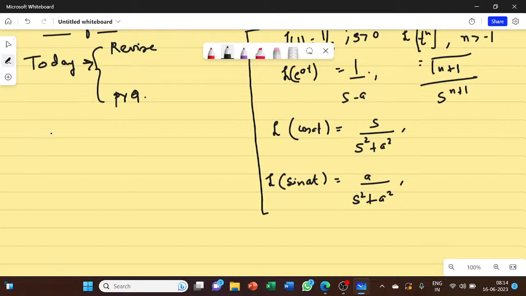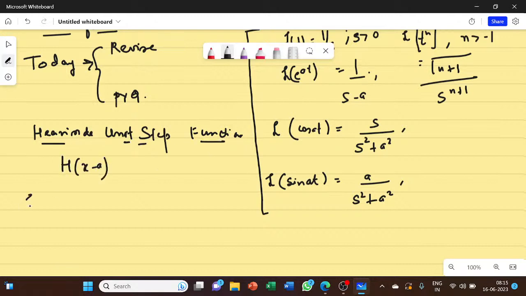If you have to find the Laplace transform of the Heaviside unit step function, for example h(x minus a), then the Laplace transform of h(x minus a) is simply e to the power of minus as divided by s. This is something that we have already done. I'm just trying to make you memorize all these things.